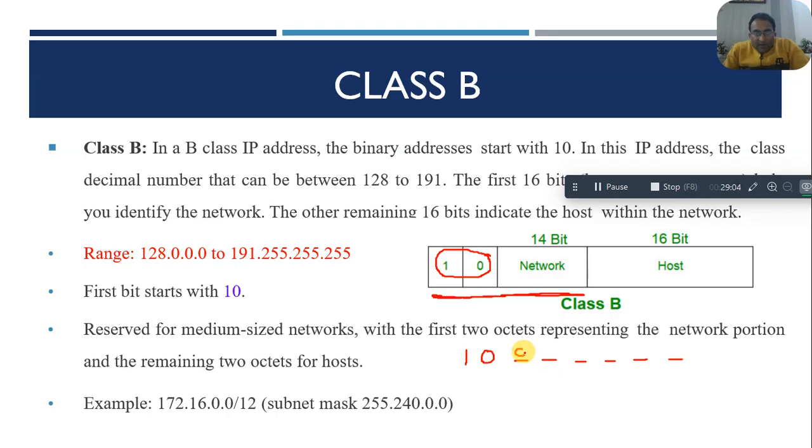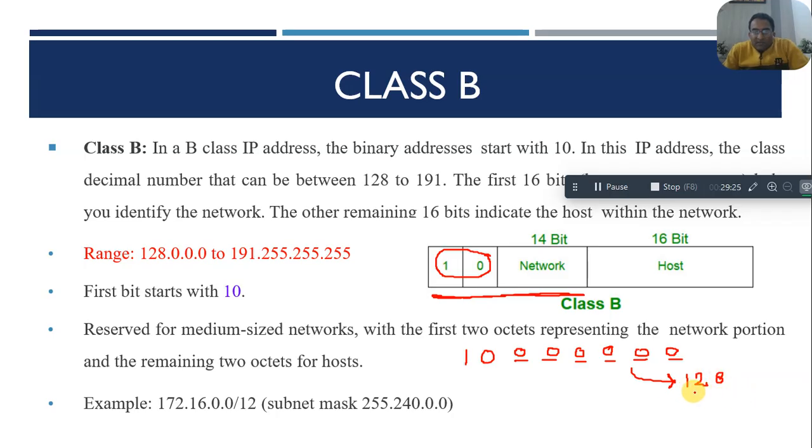If I assign all zeros to the remaining 6 bits, this is going to be the decimal number 128. You can see that in the previous slide I talked about how to convert a binary notation into a decimal notation for an IP address.